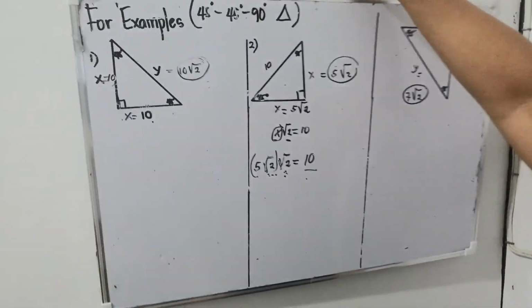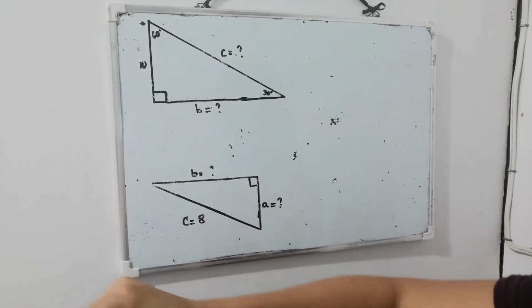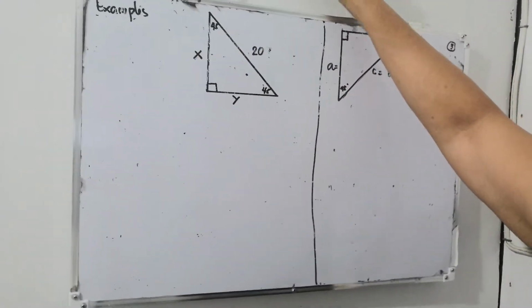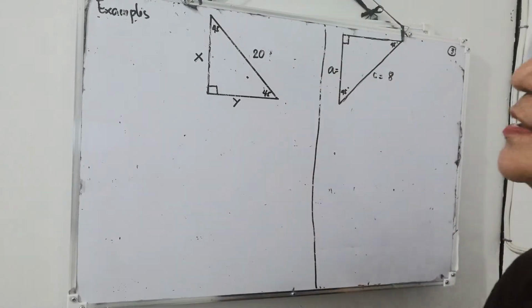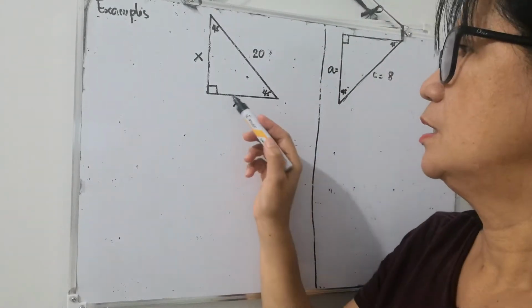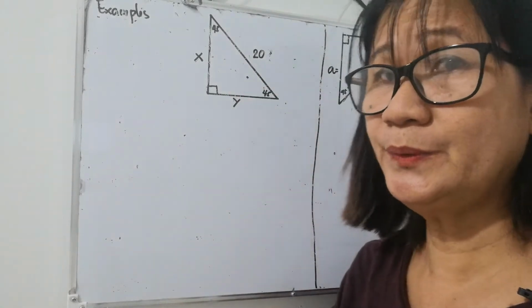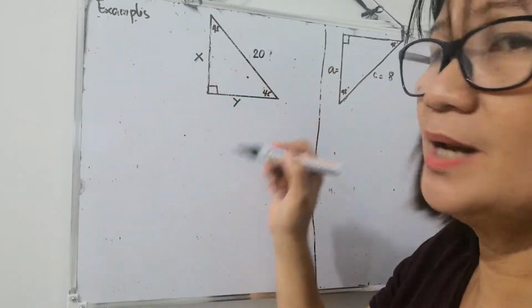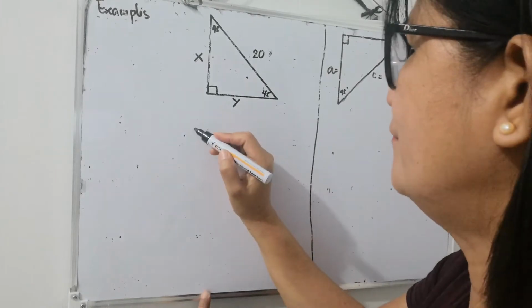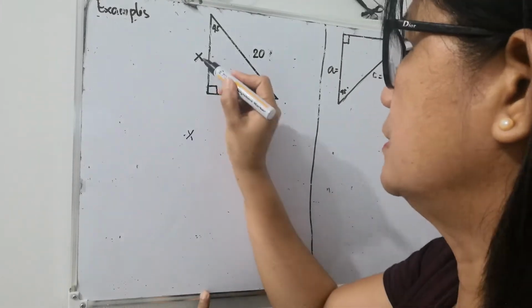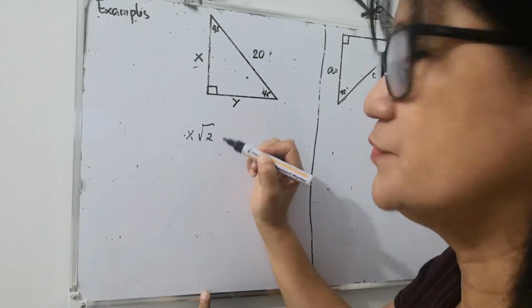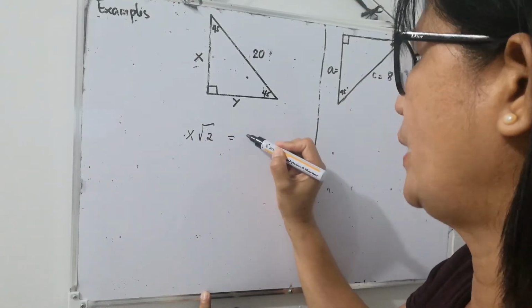Okay, let's take another example. Okay, so this time, the two legs are unknown, kagaya ng kanina, ginawa natin. So, how do you find the two legs? So, we have x, this one, times the square root of 2 will give us 20.